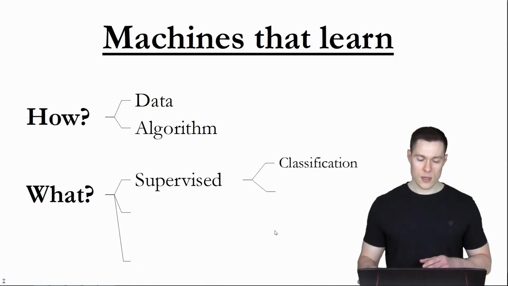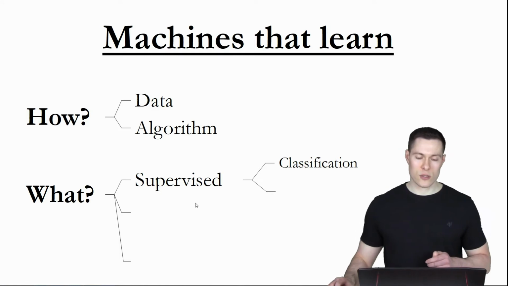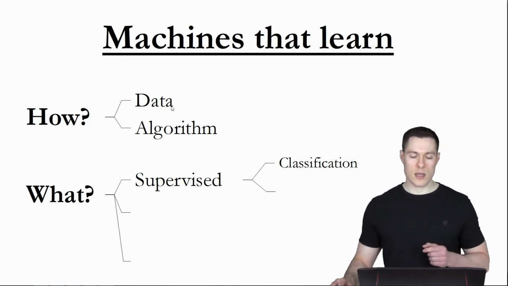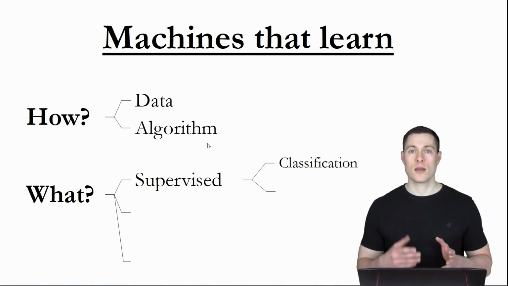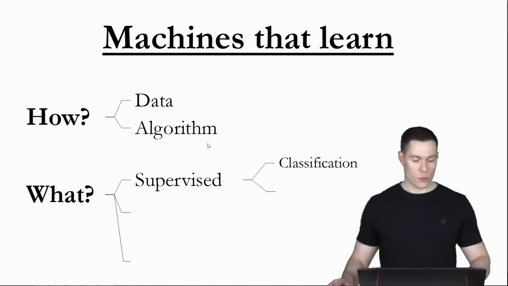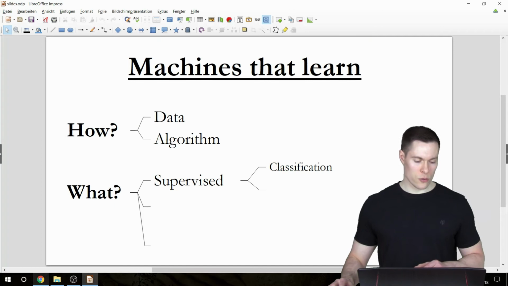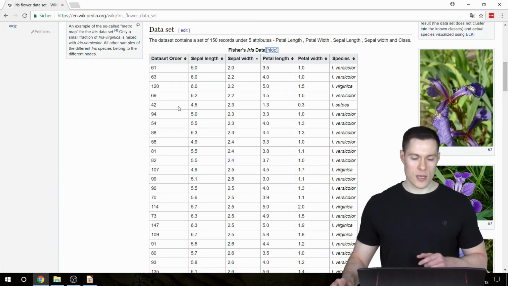But for now, it's enough to know that we have everything we need to make our machine learn, namely some data, in this case it's labeled data because we're doing a supervised learning task, and an algorithm. So how does machine learning work, at least at a very high level? Well, you simply show the algorithm some examples and you say, okay, a flower with these values, that's an iris versicolor.